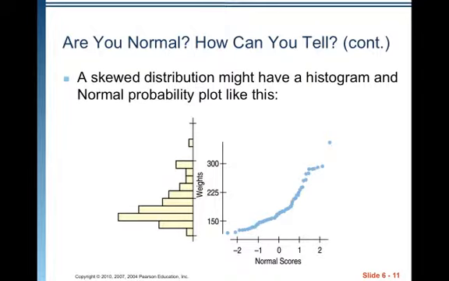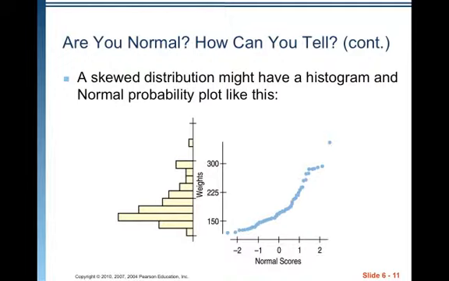A skewed distribution might have a histogram and a normal probability plot like this. So again, I guess they're trying to show you the association between the histogram and the normal probability plot. I'm not really worried about that, but clearly that histogram is skewed to the right, to the larger values there to the right.